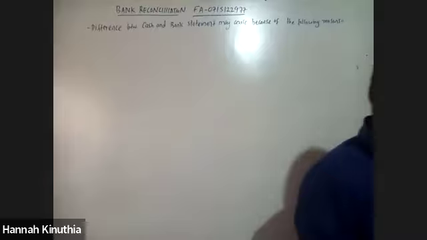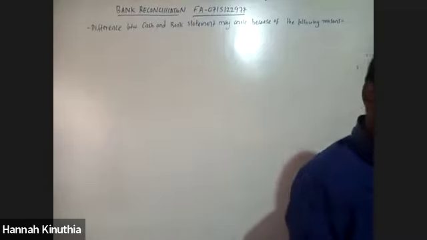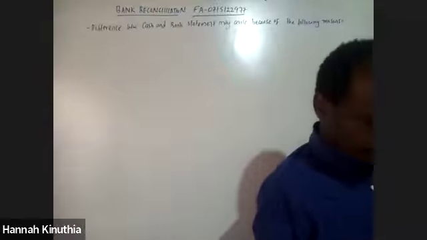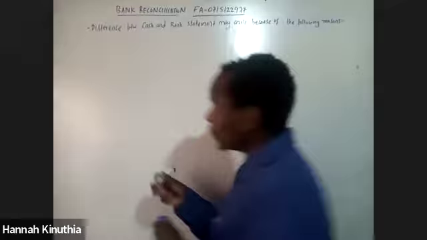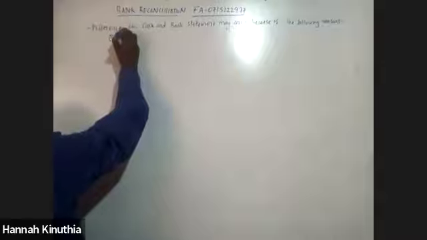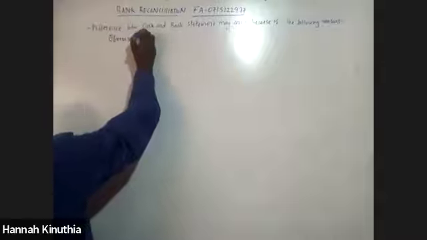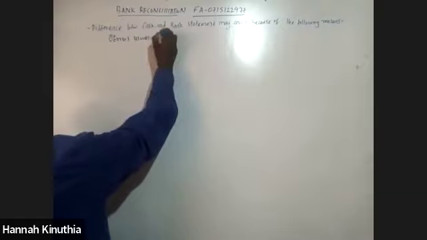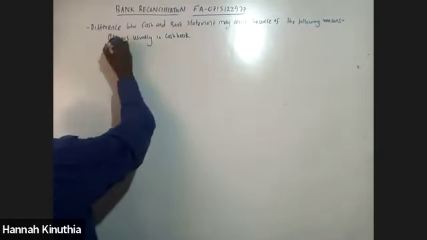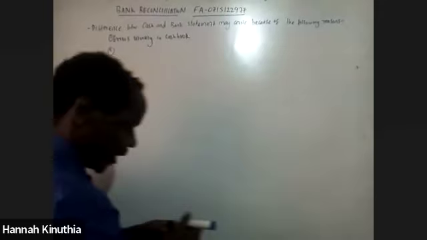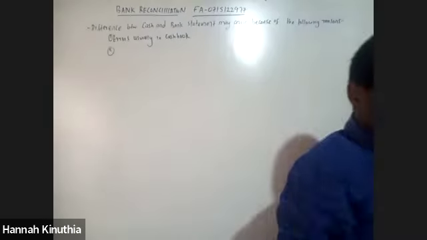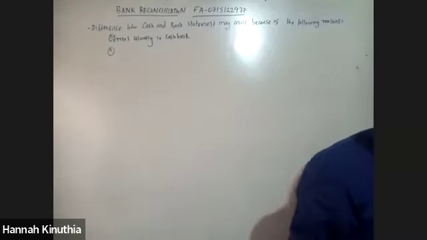Number one, we can talk about errors, usually in the cash book. You might find that the person preparing the cash book might make some error in the cash book.